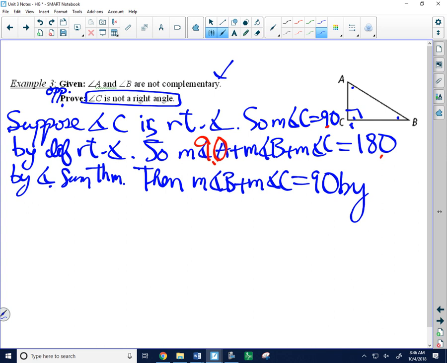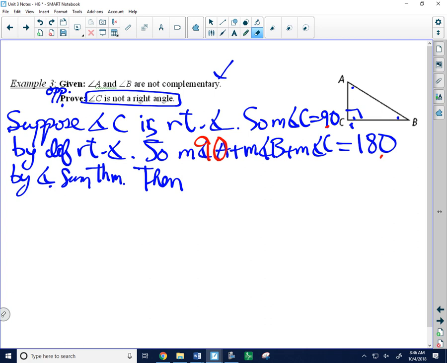I was going to say by substitution and subtraction. If you want me to do one step at a time, I can. No, C is the right angle. My bad. I see what you're saying. So I should leave it. There we go. Thank you. So measure of angle A plus B.